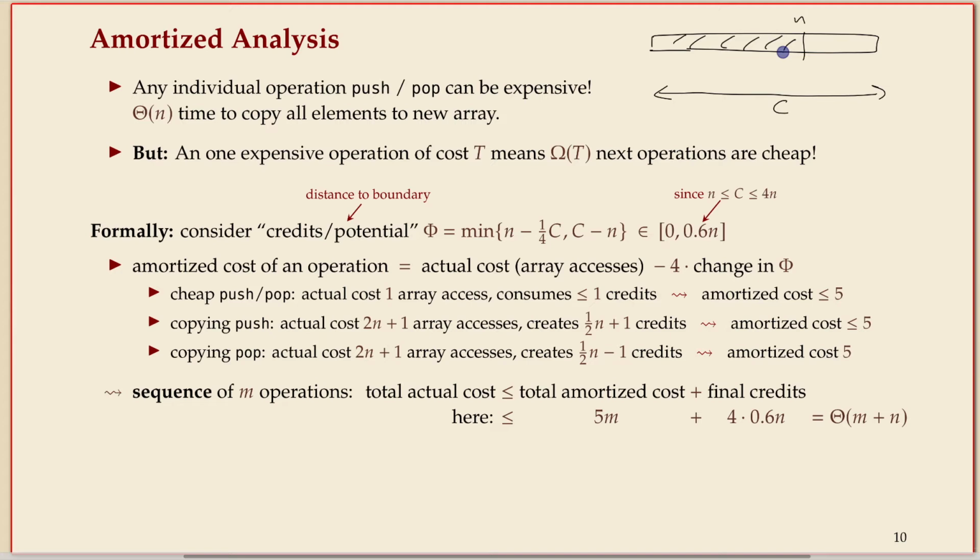Now, what this potential looks at is this distance, right? c minus n is how much free space do I have? And the other one is n minus a quarter of c. So you take the quarter point, that's this one, and you take this difference. Maybe colors.